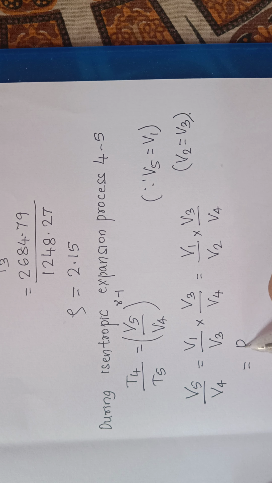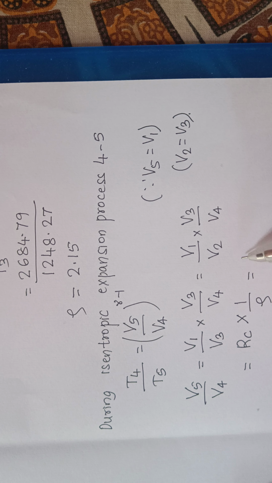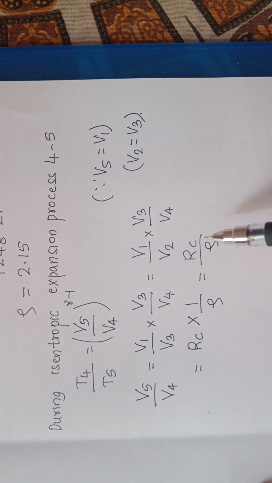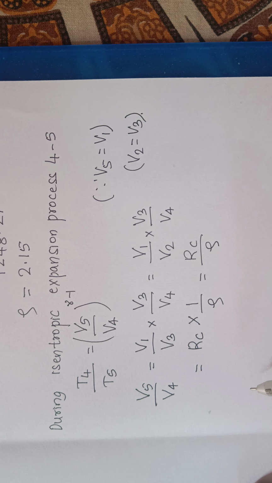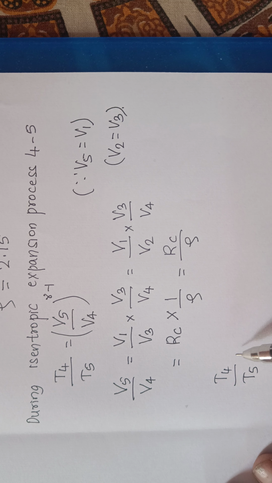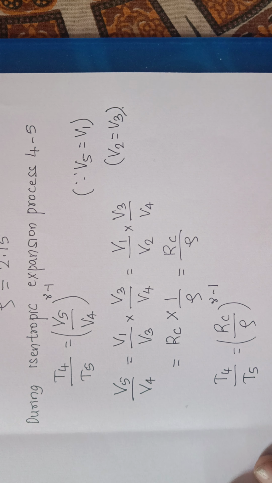V1 by V2 is RC and V3 by V4 is 1 by rho, that is V4 by V3 is rho. So it is RC by rho. So I can write T4 by T5 will be equal to RC divided by rho whole raised to gamma minus 1.